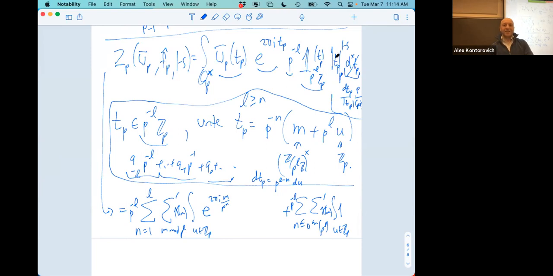Then I need this |t|^s. If I've written t as a unit times p to the minus n, t is p to the minus n, so its absolute value is p to the n.